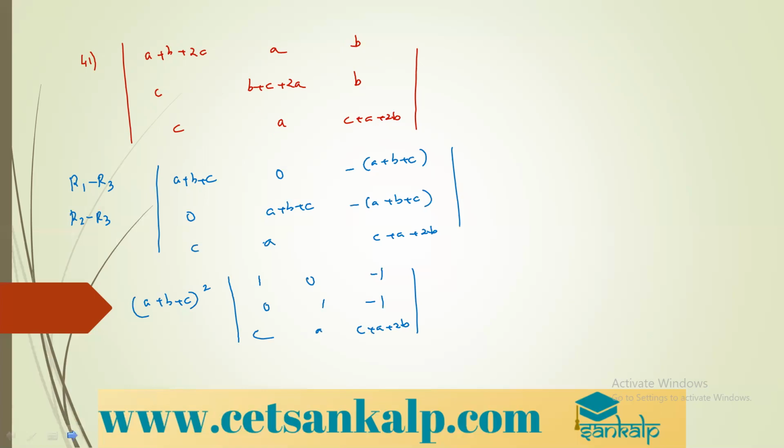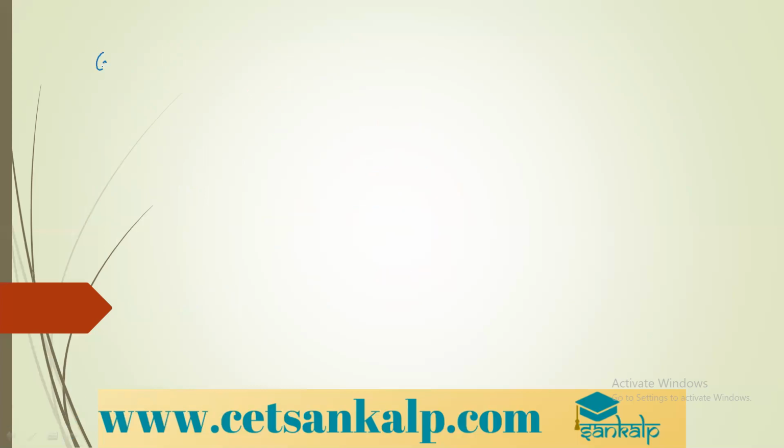So I can expand this using the first row. I will have a plus b plus c whole square, and then when I expand it, I will have 1 into c plus a plus 2b minus a. Then 0, I don't have anything.